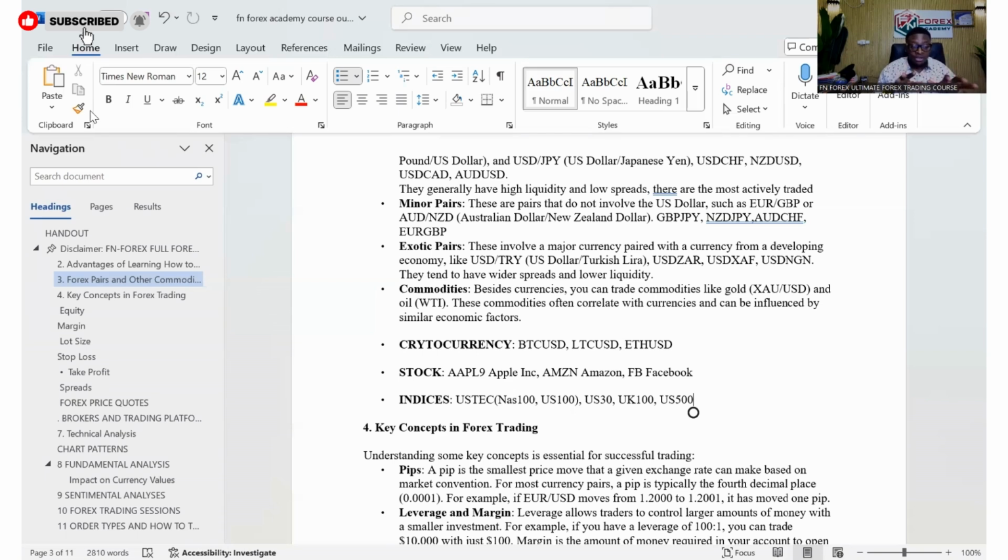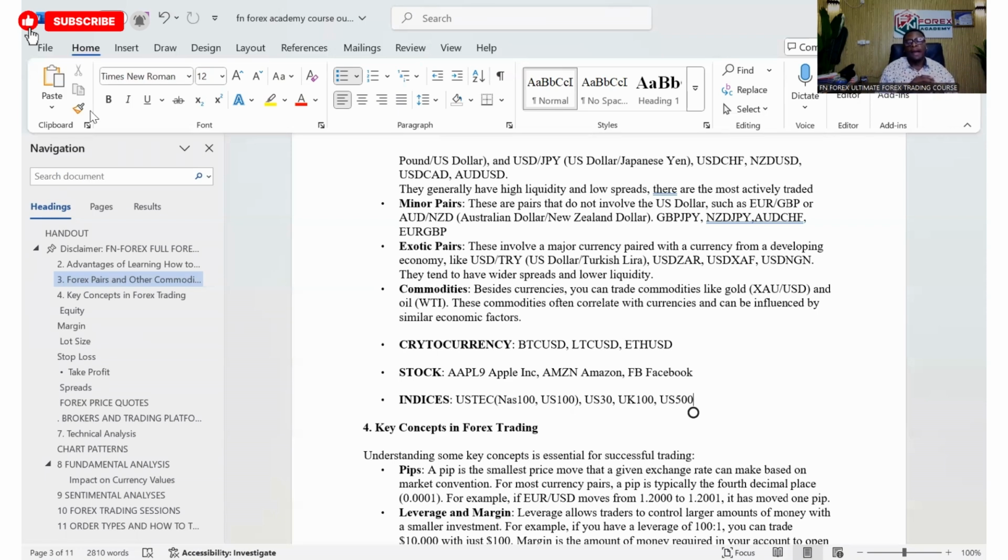So when we get into technical analysis, we are going to be practicing, you'll be practicing on your demo account. You'll see that, okay, I am more profitable on major currency pairs than maybe minor currency pairs. Or for some reason, maybe you might just like the name GBP USD. And all the time you go to your chart, you go to GBP USD. You get familiar with it, you stick with it, right? So as we go ahead, you're going to choose the currency pair or the commodity or the crypto or the stock that you're going to be trading at the end of the day.